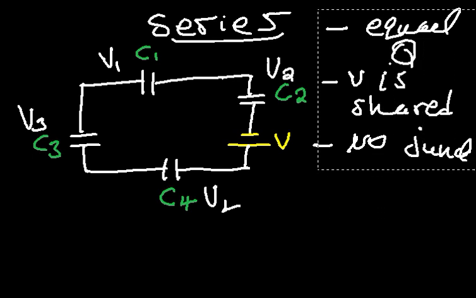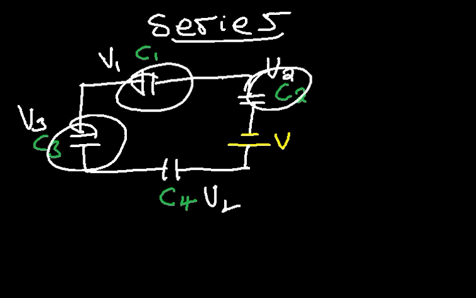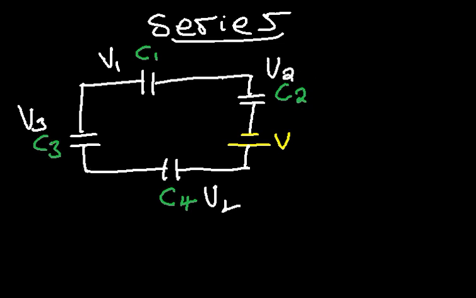So let us see how we can find the total capacitance for capacitors that are connected in series. Let's consider this particular circuit. Since this is a series circuit, at each and every component there is an equal charge being stored.